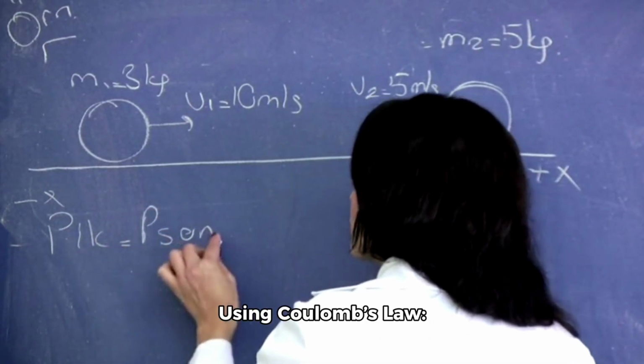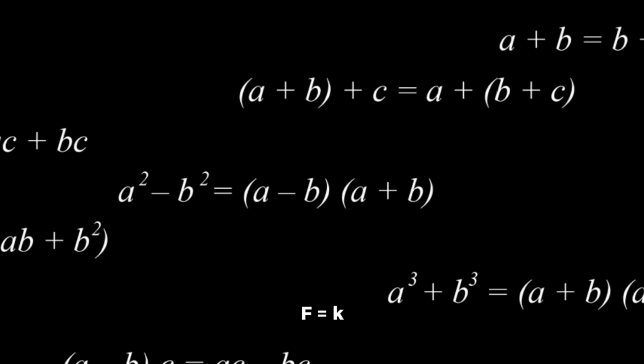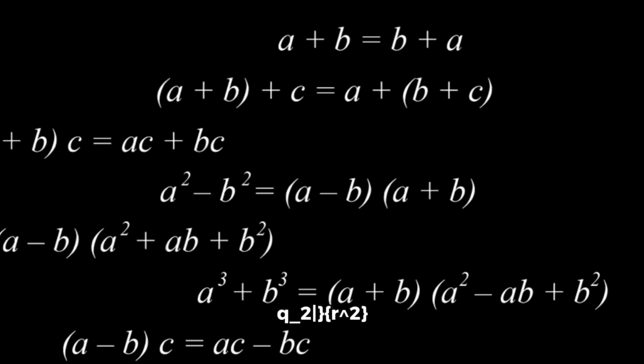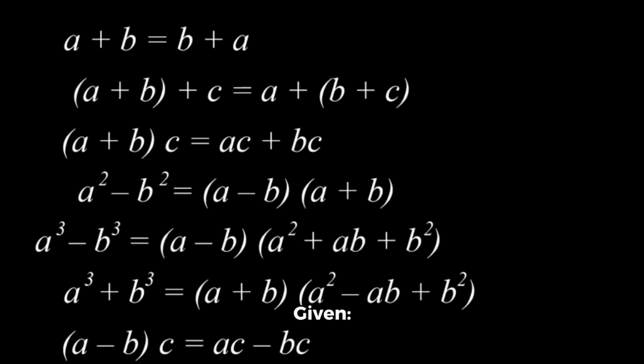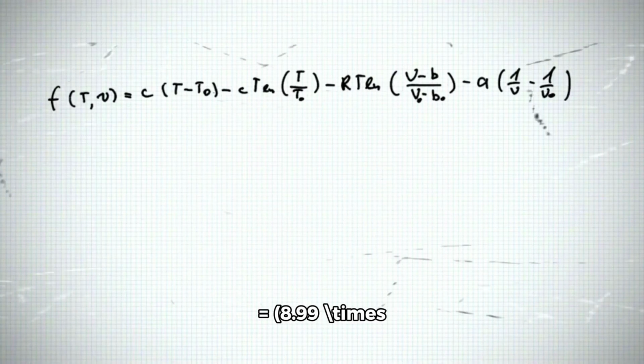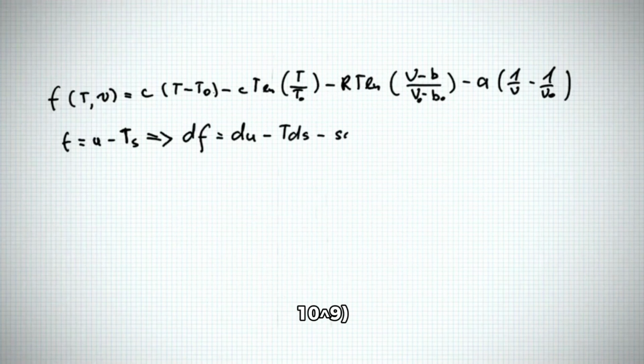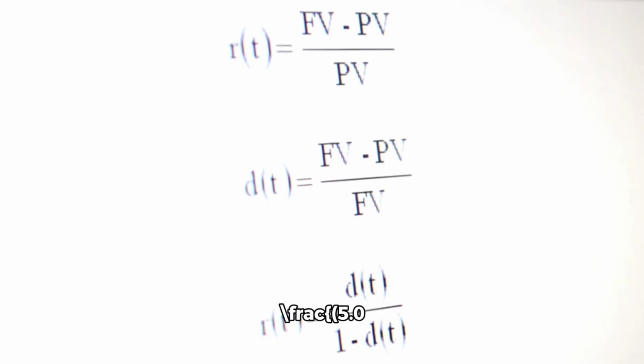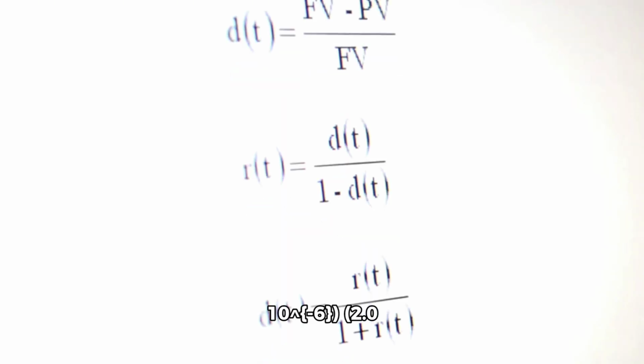Solution using Coulomb's law. F equals k times Q1 Q2 over r squared, with k given in newton meters squared per coulomb squared. Substituting the values, F equals 8.99 times 10^9 times 5.0 times 10^-6 times 2.0 times 10^-6 over 0.1 squared.